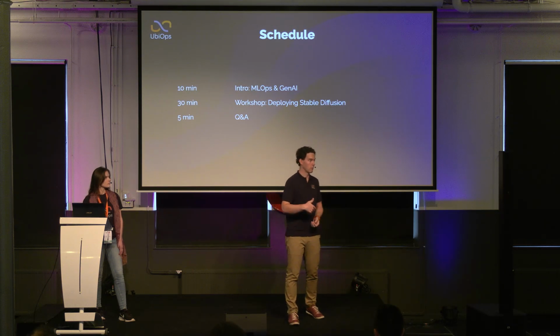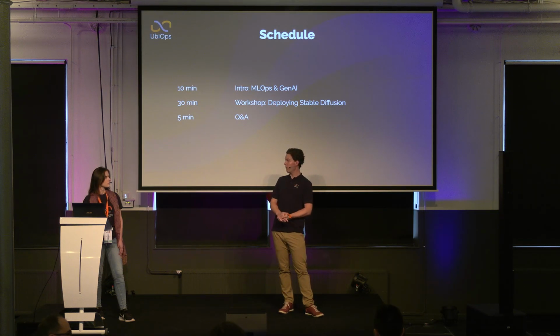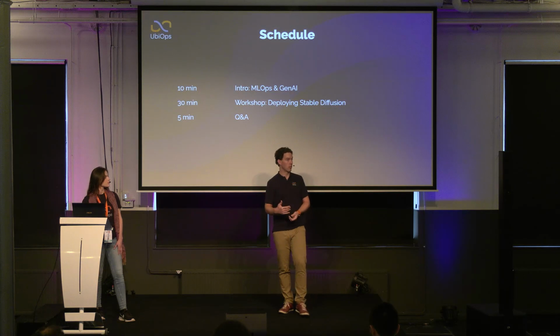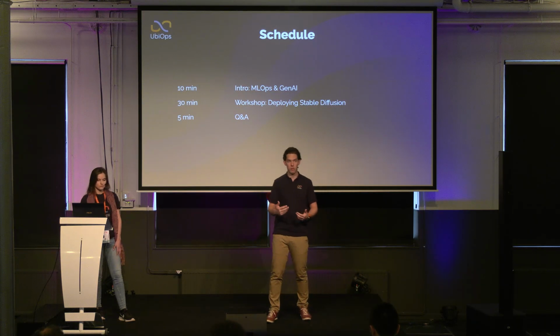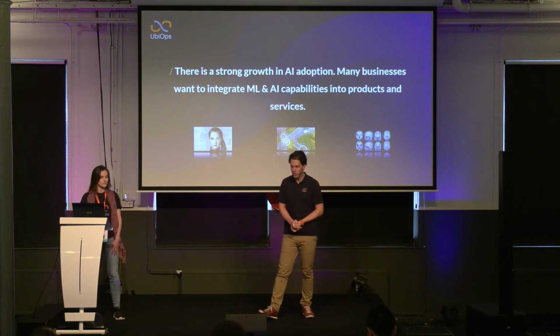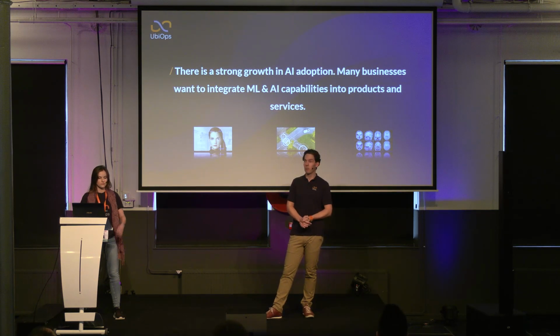So it's really exciting for content generation and really state of the art and new. We're going to combine it with showing how you do that on our UbiOps platform and how that makes it easy to leverage those capabilities and technologies yourself for your own products and services and your own organization.